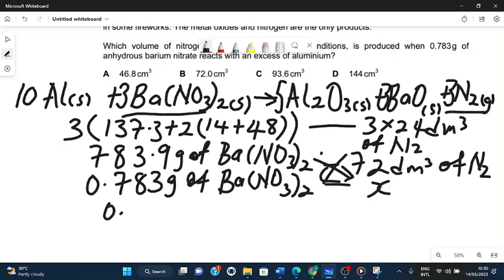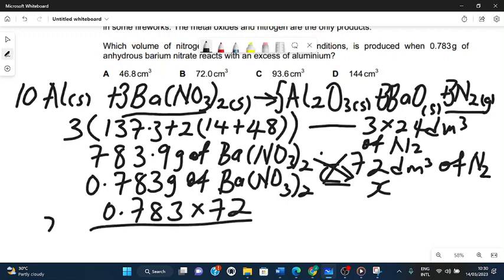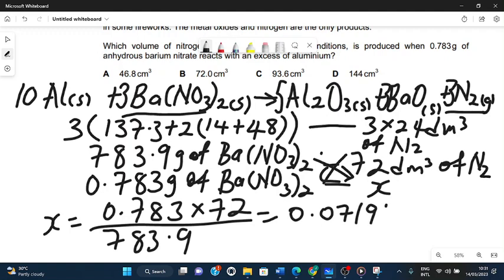So it will now be 0.783 times 72 divided by 783.9, which will now be equal to 0.07191 dm³.